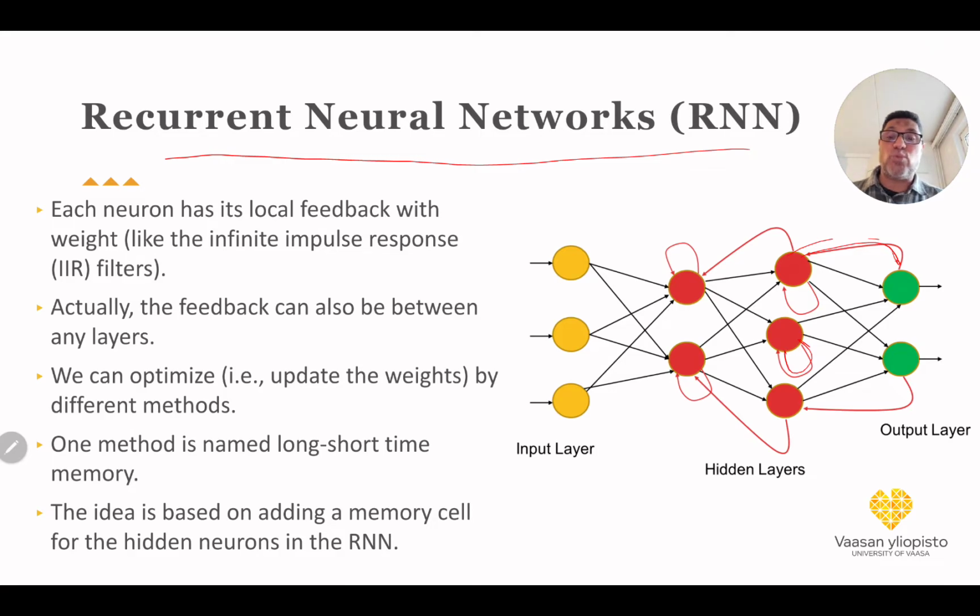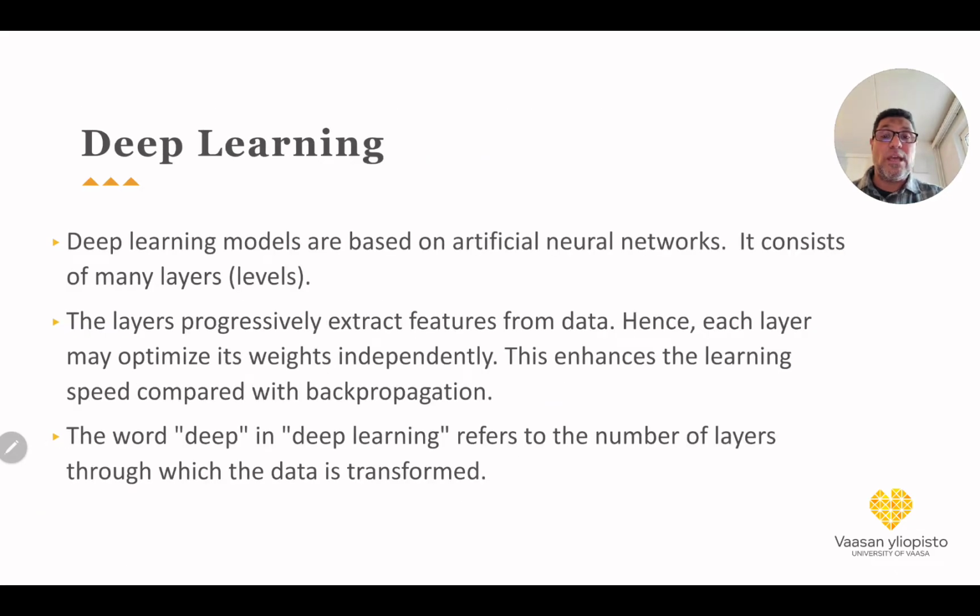So when we have a process with memory, we can realize it with recurrent neural networks. One method of recurrent neural networks is known as long short-term memory. So we can have long and short-term memory of the last data that we have, so it does not go away.